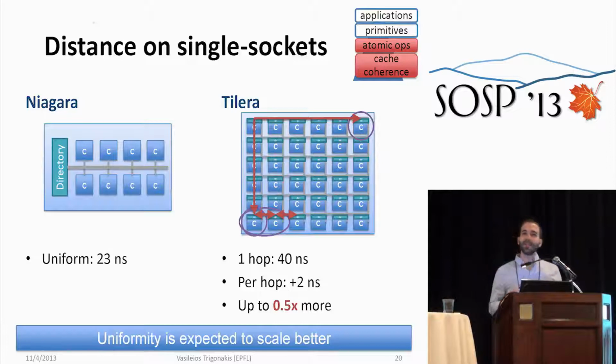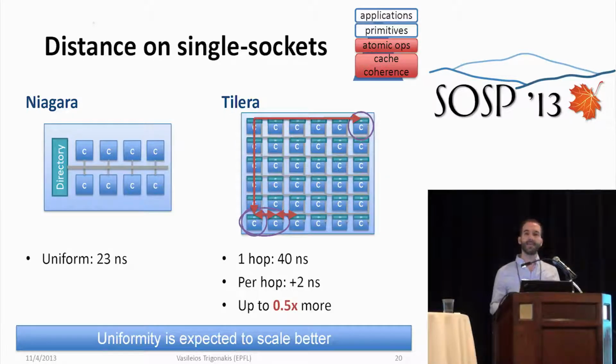So, as I said before, we measure the core-to-core communication latencies in our systems, and on the Niagara, we actually have a uniform latency of approximately 23 nanoseconds due to the shared crossbar and the equidistant last level cache. While on the Tilera, because of the network on chip, we again have non-uniformity, and we measure that two adjacent cores can communicate in approximately 40 nanoseconds, and then we have an overhead of 2 nanoseconds per network hop.